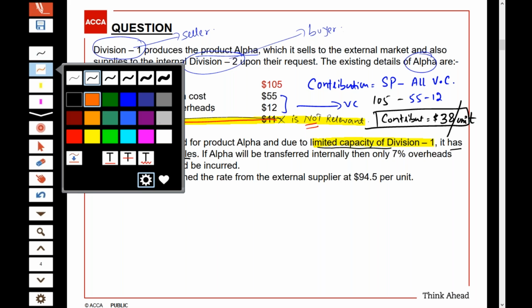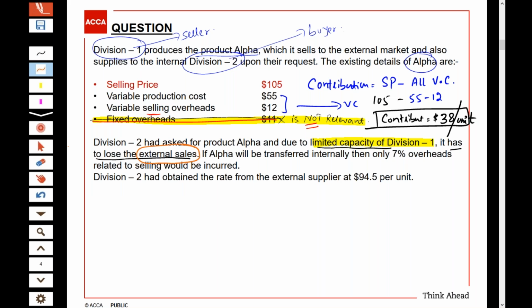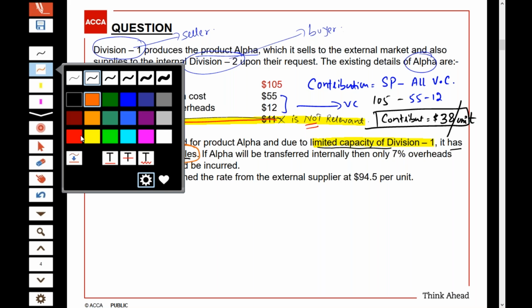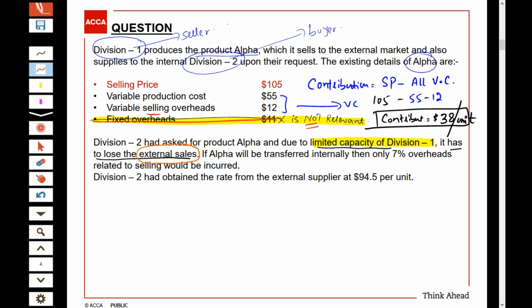Naturally it means that I will lose an attractive contribution, which is $38. Next, if alpha is transferred internally, then only 7% overheads relating to selling would be incurred.